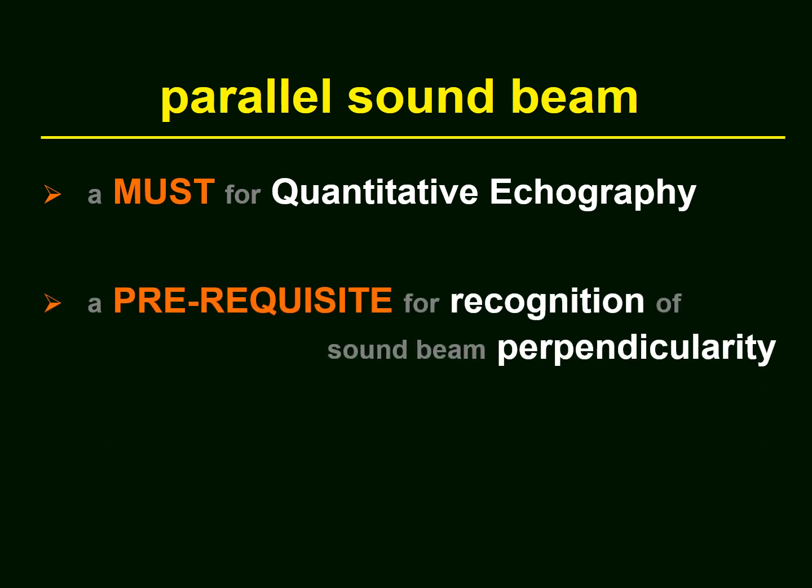It is also a prerequisite for recognition of sound beam perpendicularity. When we use a focus beam, we are never sure that we are really perpendicular on a surface, particularly when it comes to B-scan displays.